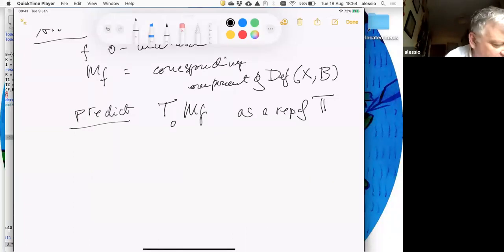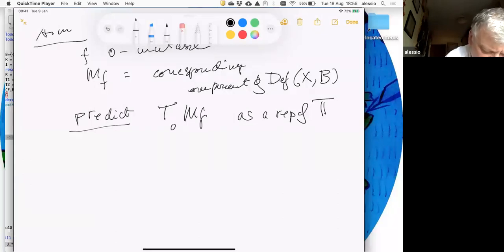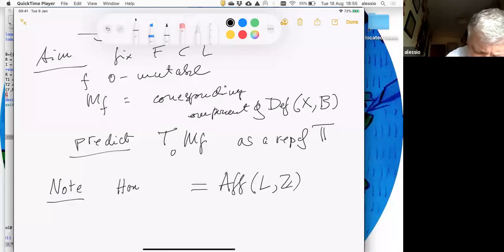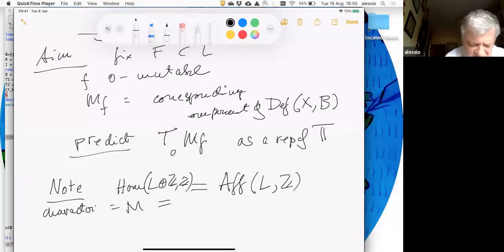And basically, note that mutations of F are given in terms of these affine maps from L to Z, but that's just the same as the linear maps of L ⊕ Z to Z. And this is just M, so that's the characters of your torus. So these mutations are also certain characters of the torus.